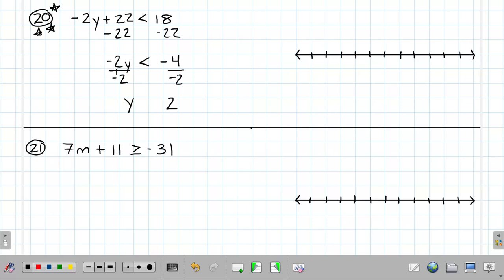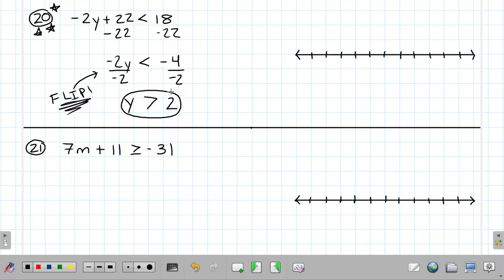We just divided by a negative number on both sides, once again, on both sides. So what this means is we have to flip the inequality, meaning it's no longer going to be a less than symbol, it's going to be a greater than symbol. So in this case, we actually need y to be bigger than 2.